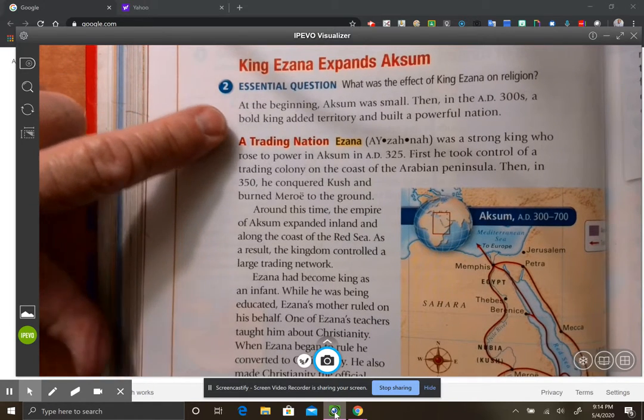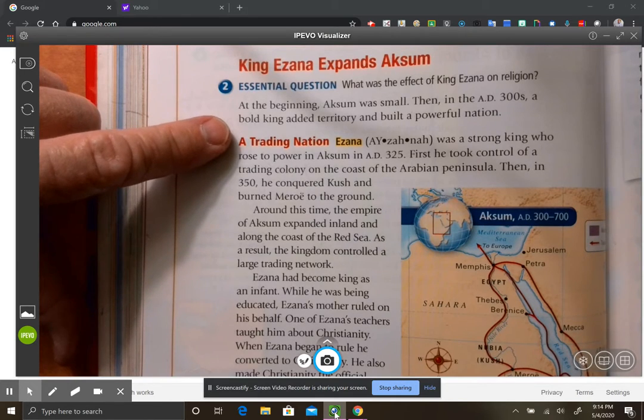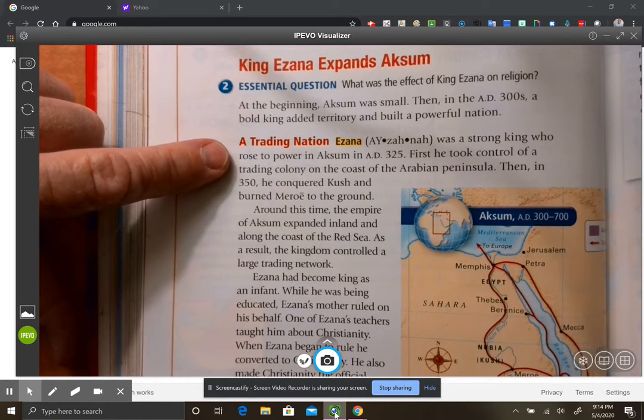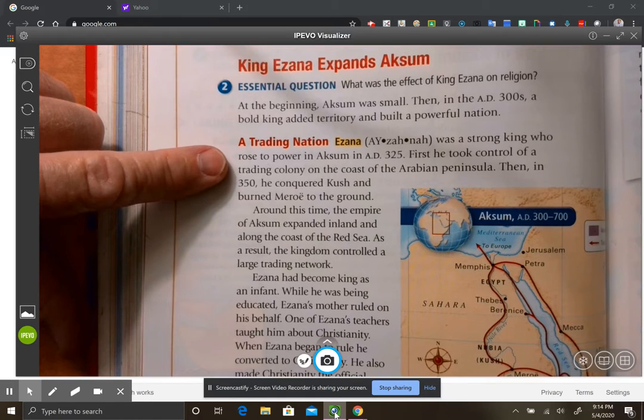At the beginning, Aksum was small. Then in the AD 300s, a bold king added territory and built a powerful nation, a trading nation. Azana was a strong king who rose to power in Aksum in AD 325.